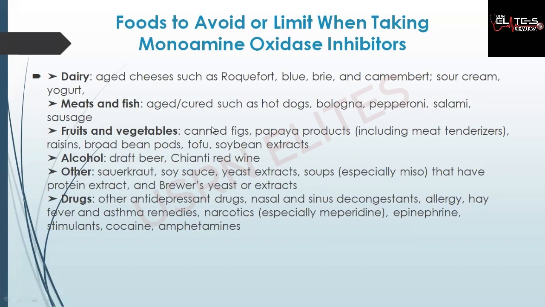They can't take all of these things because of the high tyramine content in them. When they take it, what is likely to happen? Is it serotonin syndrome or hypertensive crisis?